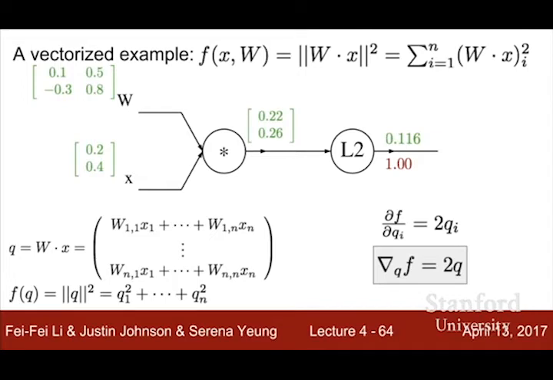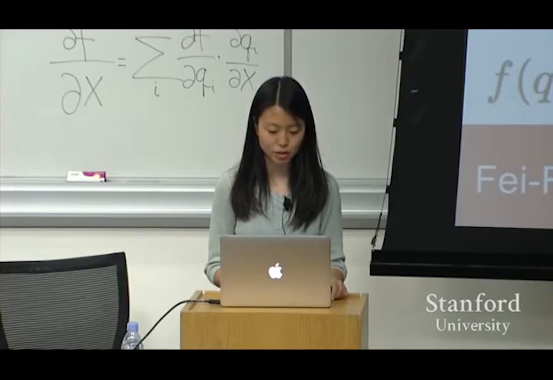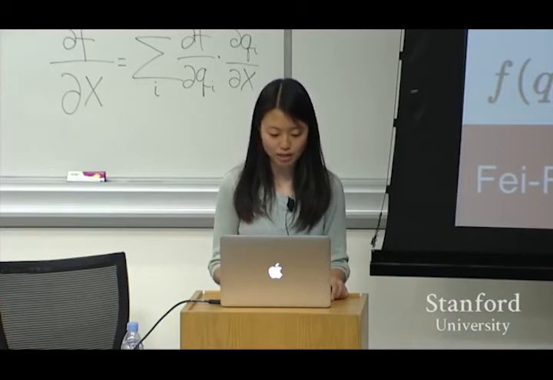If we look at this expression that we've written out for f here at the bottom, we can see that the gradient of f with respect to a specific qi, let's say q1, is just going to be 2 times qi. This is just taking this derivative here.